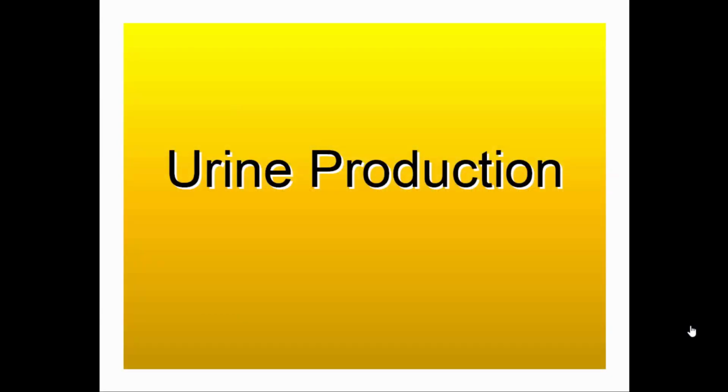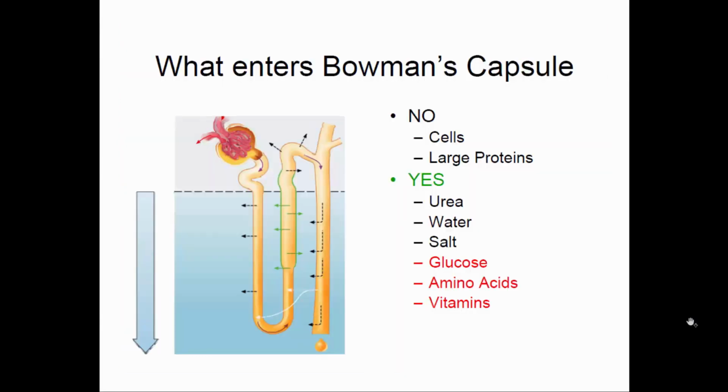So let's take a look at urine production. What enters Bowman's capsule? Well, cells and large proteins such as albumin should not enter into Bowman's capsule. They should not cross the capillary walls of the glomerulus.